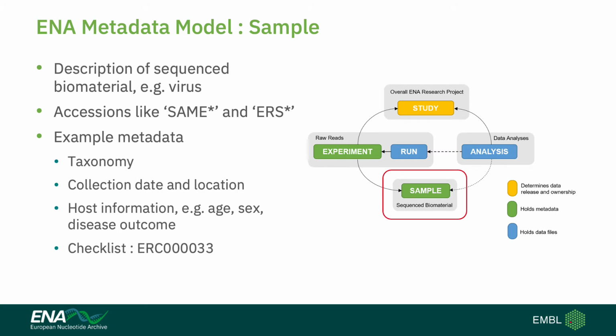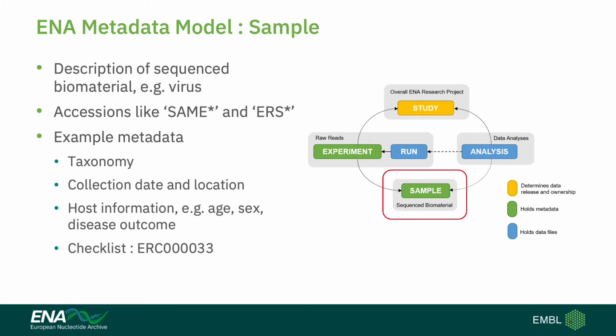Next we have samples. So as I mentioned, that's defining metadata on the sequenced biomaterial, which is the SARS-CoV-2 virus. In our case, you'll get accessions like SAME and ERS. SAME accession is a biosamples accession, and ERS is the ENA internal accession.